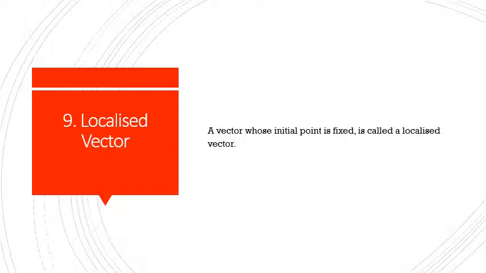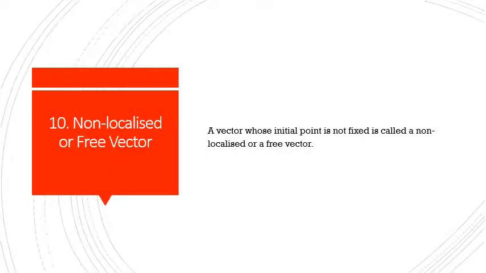Tenth type is non-localized or free vector, just the opposite of a localized vector. A vector whose initial point is not fixed is called a non-localized or free vector. Example, velocity vector of a particle moving along a straight line. This is an example for a non-localized or free vector.